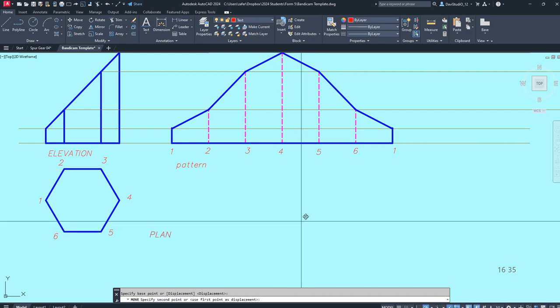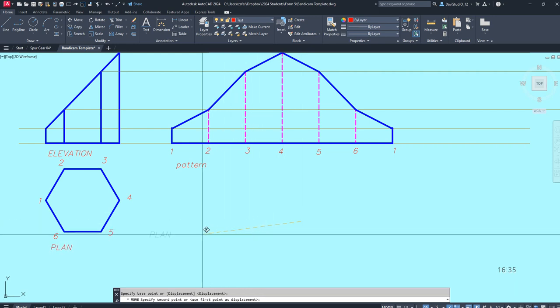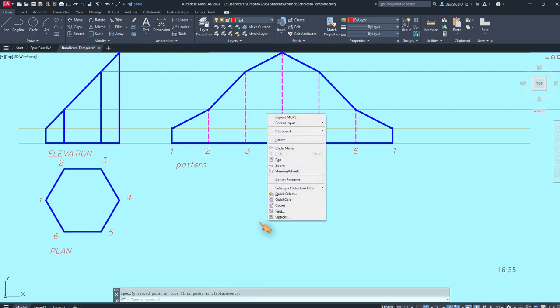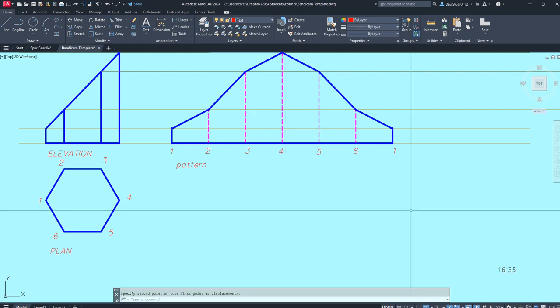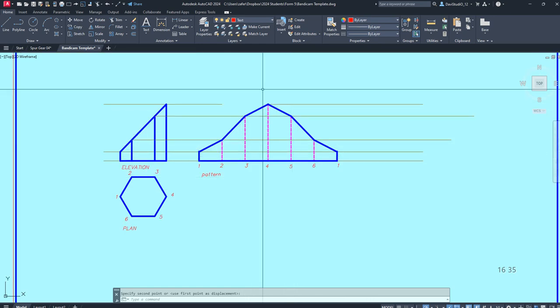Right, don't forget you could always put in your orthographic symbol, but this should cover it for the hour. Thank you.